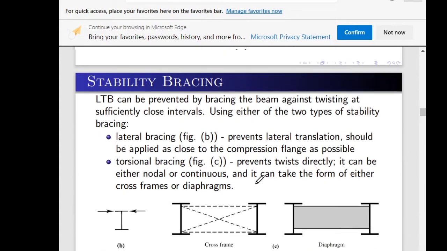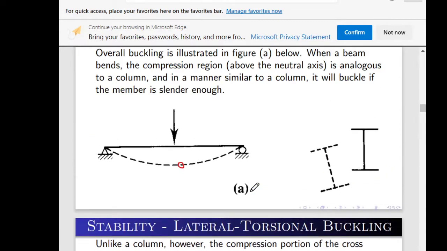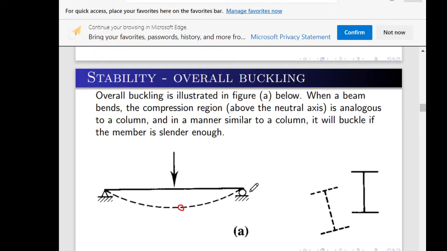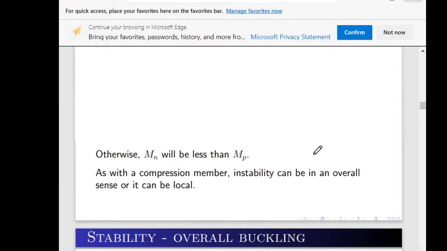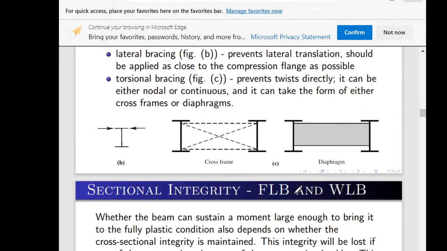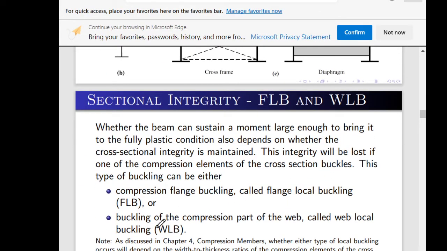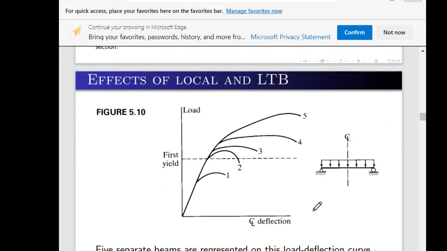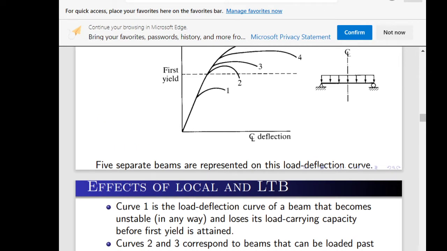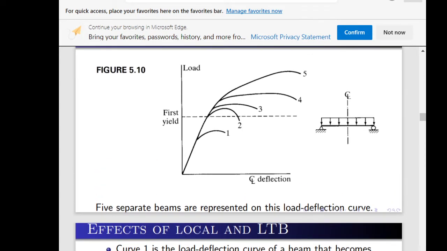So meaning there is lateral torsional buckling, or compression flange buckling or web buckling. It is local buckling. Curves 2 and 3 correspond to beams that can be loaded past first yield but not far enough for the formation of plastic hinge and the resulting plastic collapse.